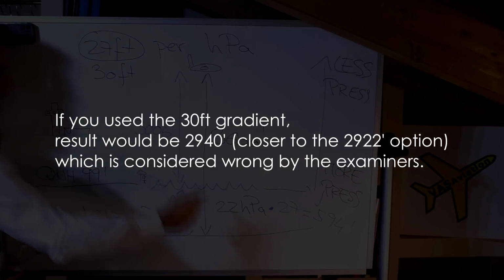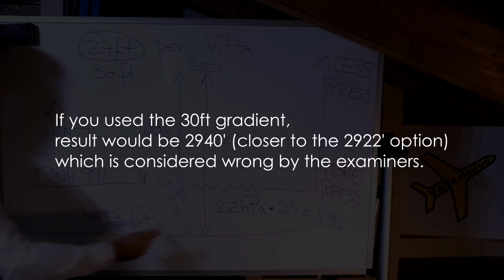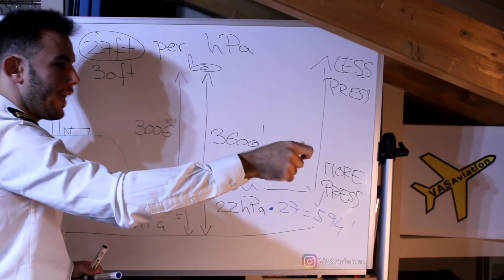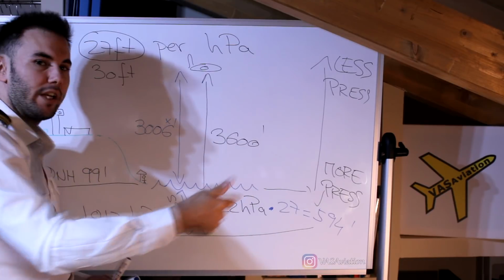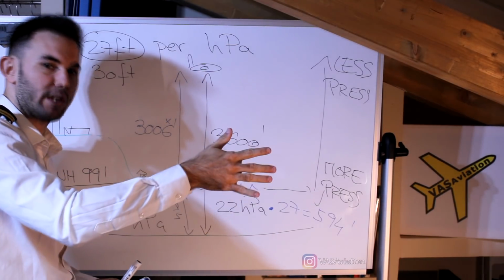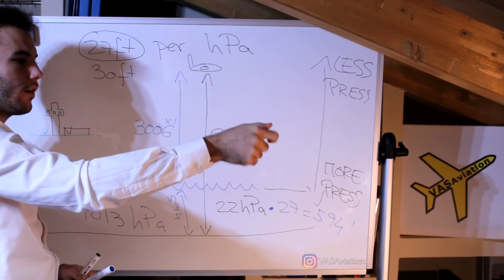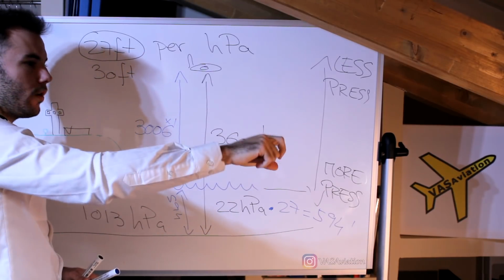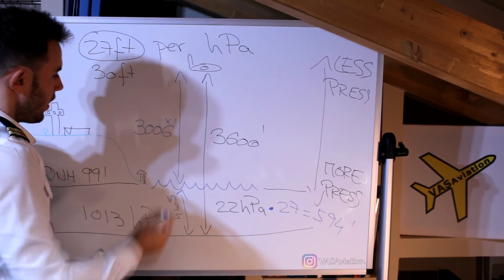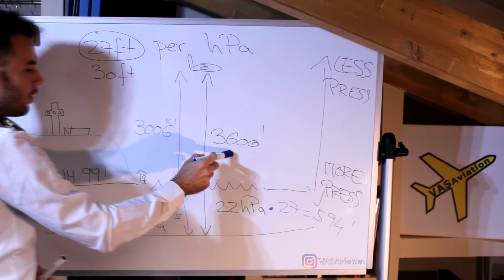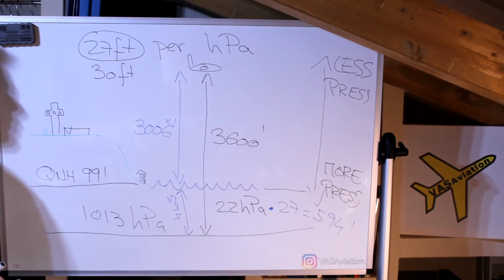So if we reset the altimeter setting from 1013 to 991, every time we rotate 1 hectopascal, the altimeter reading will move 27 feet approximately. So if we move from 1013 to 991, the window on the altimeter instrument will say from 3600 feet to 3006 feet.